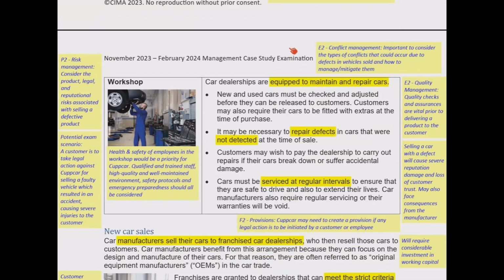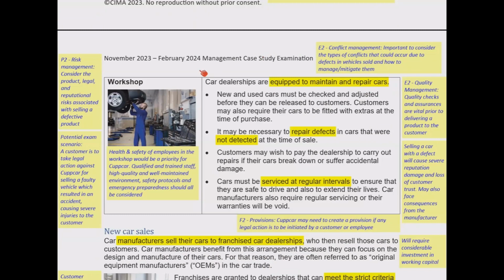Now, within each dealership, we've got the showroom, we've got the car lot, we've also got the workshop. We mentioned earlier, didn't we, that the revenue and profits that a dealership makes, including Cuppcar, comes from sale of new cars and used cars, but also those additional types of services.